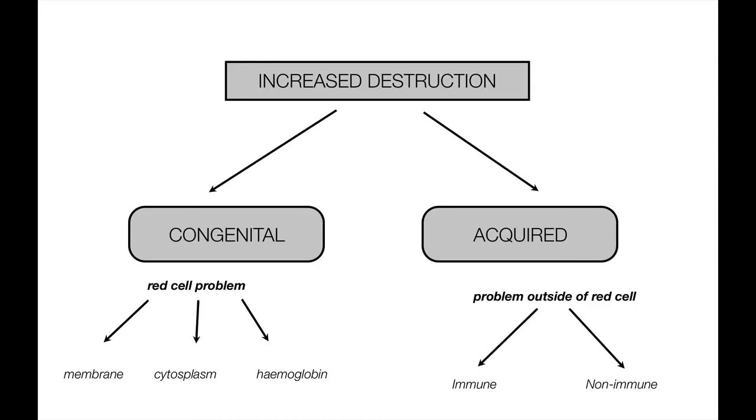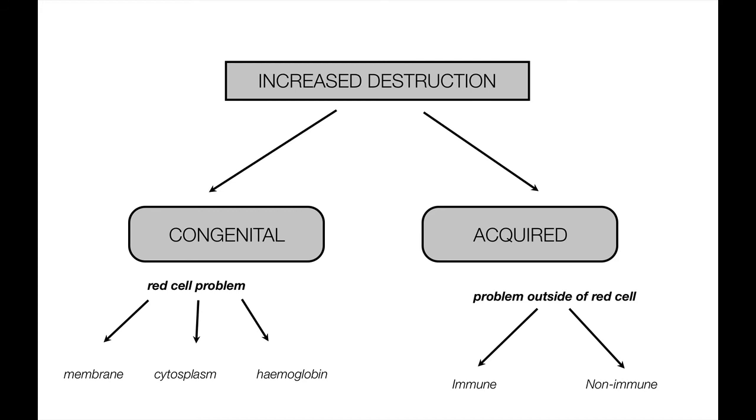Right, so just to recap once again, in the second half of the podcast, we've looked at anemias that are due to increased destruction. We've seen how these can be broken down into congenital or inherited and acquired. We've seen how most acquired problems tend to be problems arising outside the red cell, usually to do with antibodies or damage within red cells.